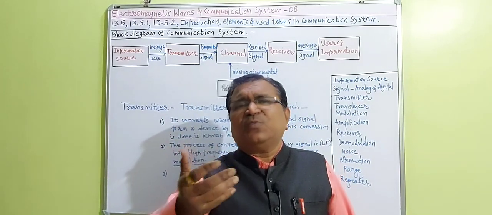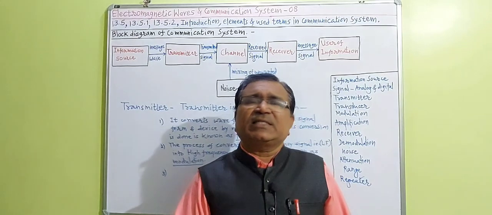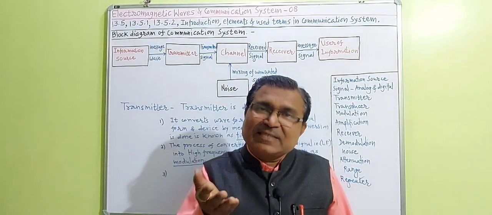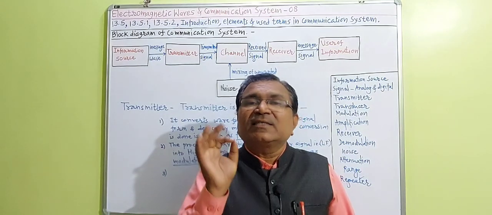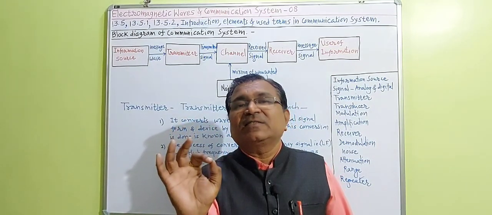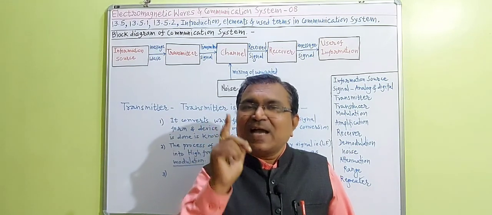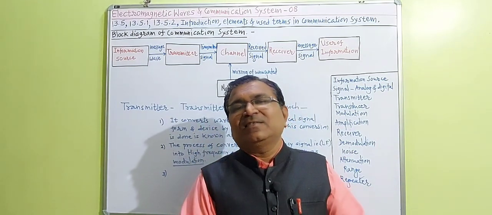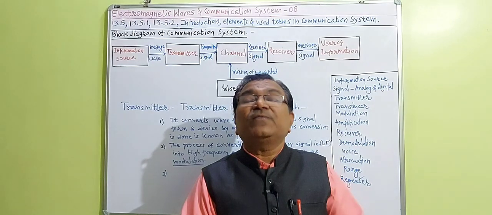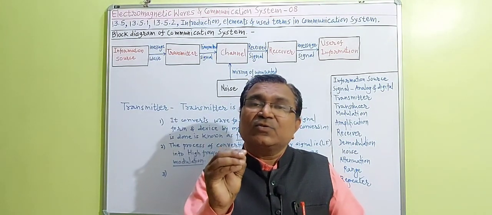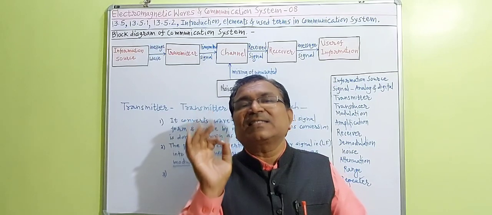The strength, ability, capacity of a signal has to be increased. This we call amplification, and a device by means of which amplification is done is called an amplifier, and this amplifier also exists in the transmitter.